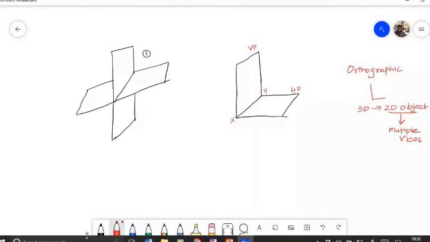So in order to manage that, what we are going to do is rotate the horizontal plane clockwise 90 degrees like this. If I rotate the horizontal plane clockwise, what will happen? You will get something like this.